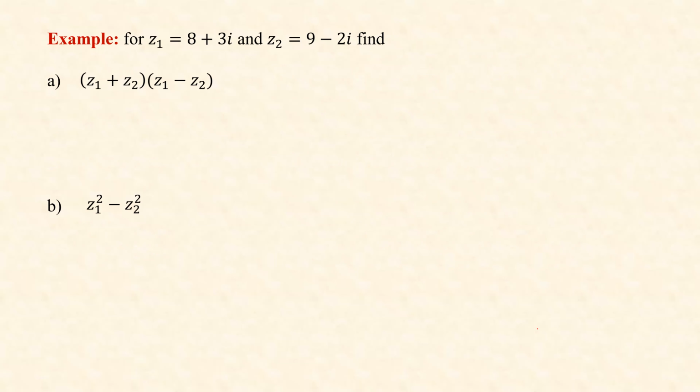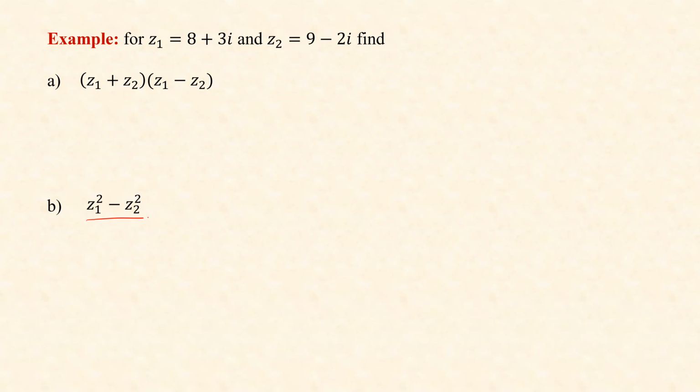Like Z1 plus Z2 times Z1 minus Z2 is equal to Z1 squared minus Z2 squared. You can verify in general if you take Z1 as A plus BI and Z2 as C plus DI. If you do that, you can generally show that these two are always the same.